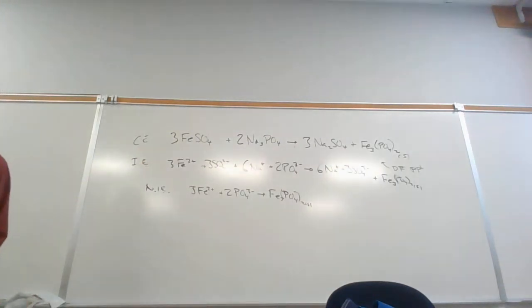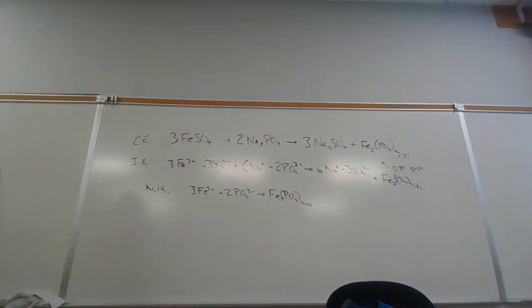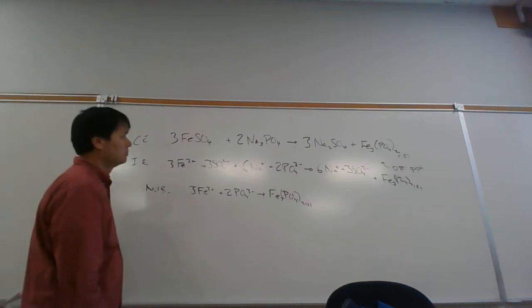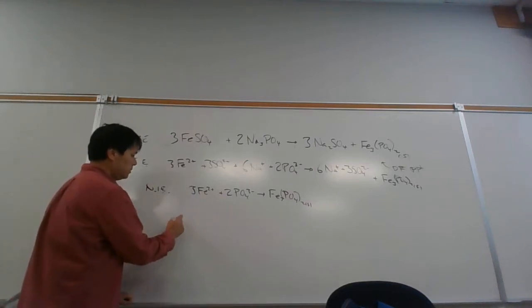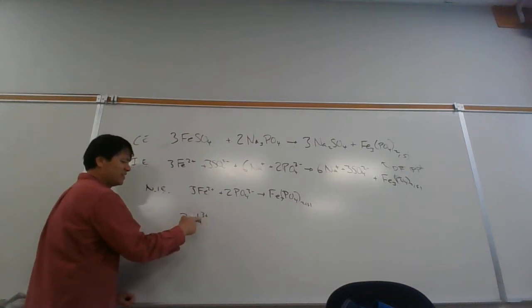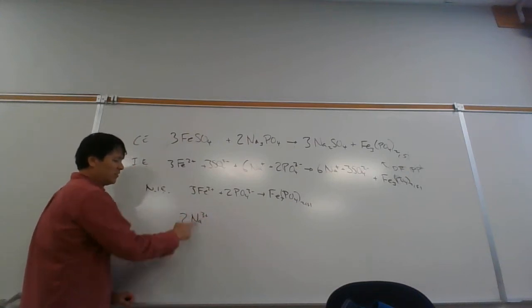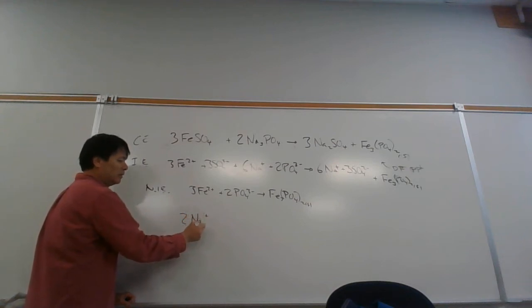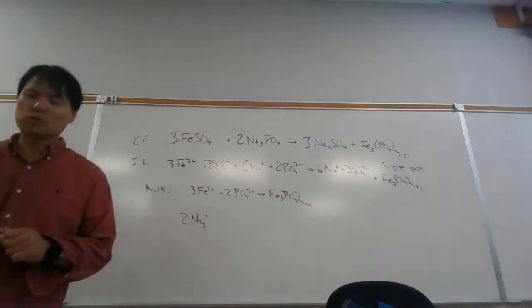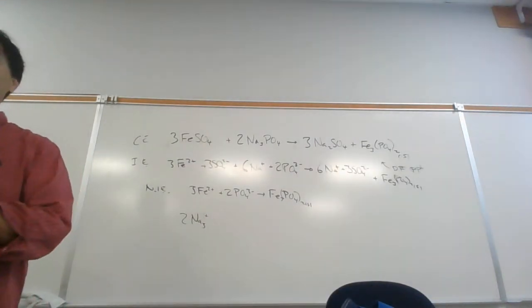So why did you make... I would have left it as 2 Na3 plus. Why'd you turn it into 6? 2 Na3 plus, 3 plus like this? 3 on the bottom, plus. Yeah. Because it doesn't form triatomic species.